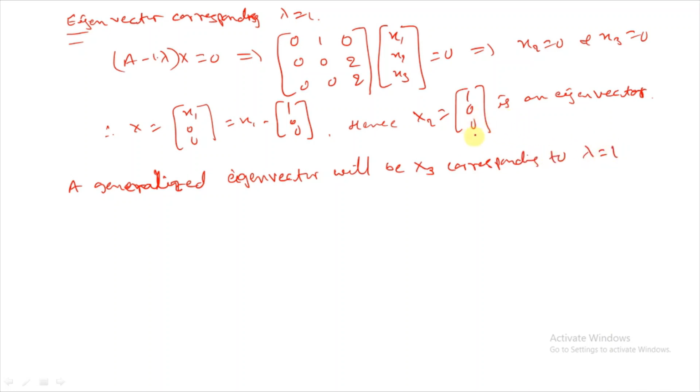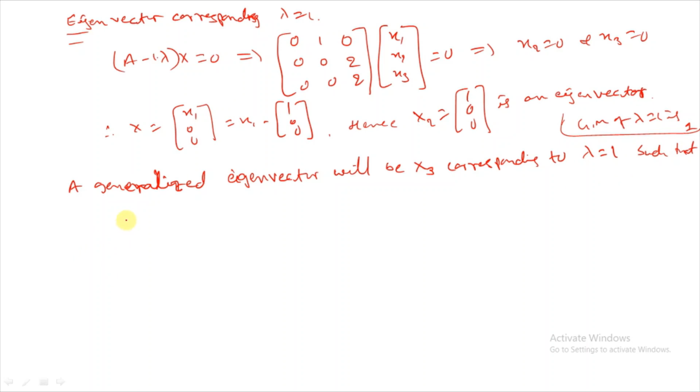Now we get one linearly independent eigenvector. That means geometric multiplicity is 1. Algebraic multiplicity 2, geometric multiplicity 1. That is not diagonalizable. The geometric multiplicity of lambda equal to 1 is 1 only. That means we need one more, a generalized eigenvector.